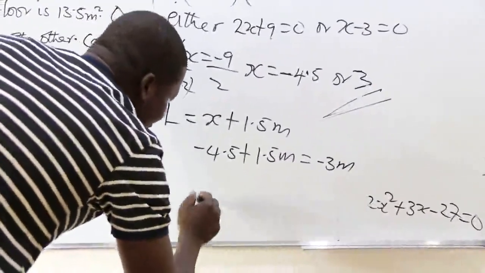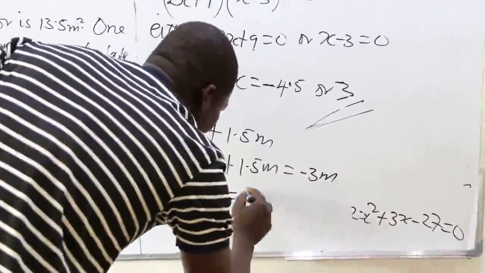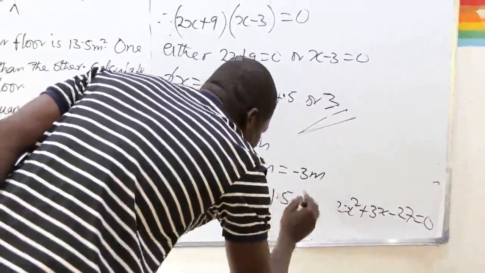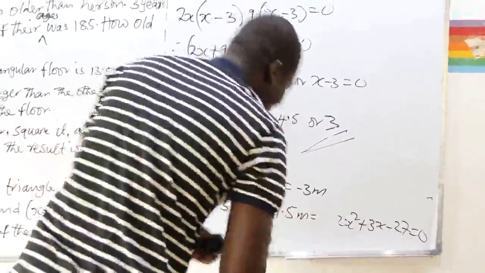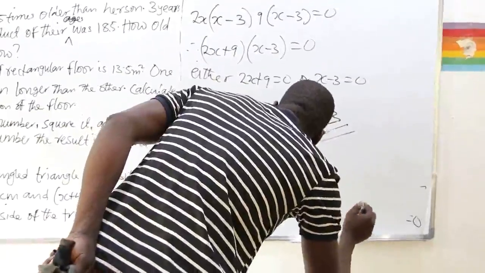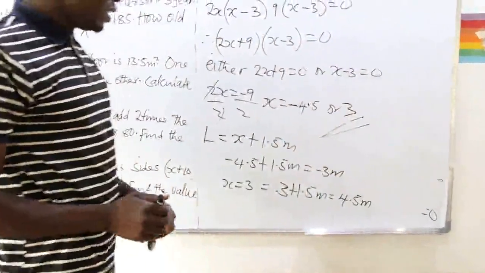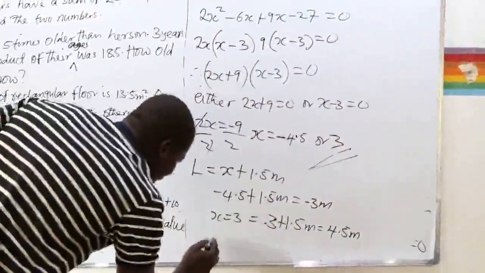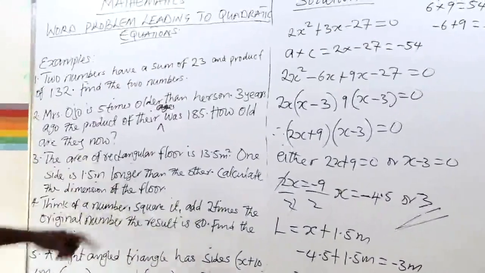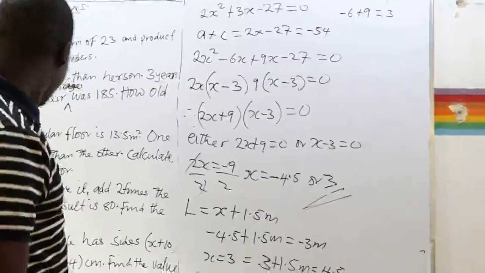Then for x equals 3, x plus 1.5 meters equals 3 plus 1.5 meters equals 4.5 meters. So in this case, we are saying that the other side of the rectangular floor now is 4.5 meters.